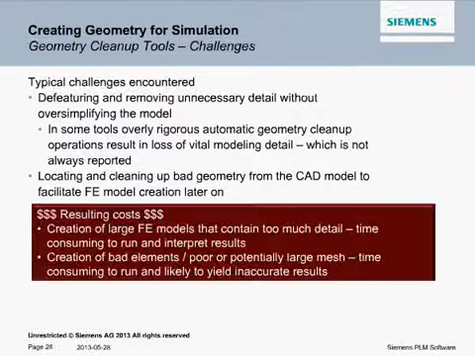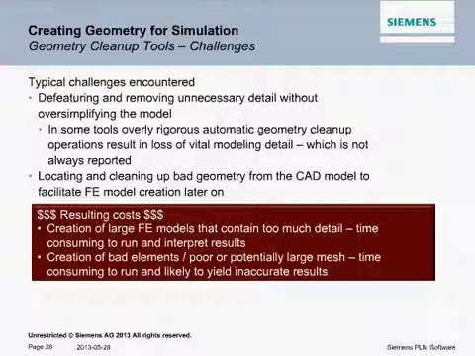So the challenge is defeaturing and removing unnecessary detail without oversimplification, and really the resulting costs: if we don't get rid of this small data or this bad data, we'll create large FE models that contain too much detail, and they become time-consuming to run. And also, you have some consideration about the amount of data that's produced in post-processing as well.